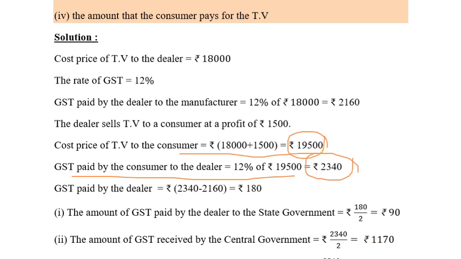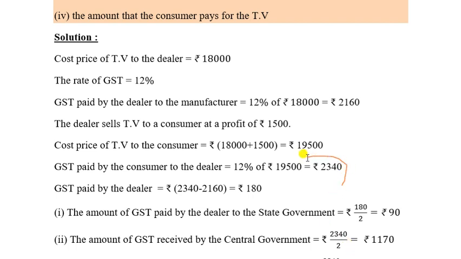Now next, we have to find out how much GST is paid by the dealer, by the dealer to the central government as well as the state government. But see here, the consumer paid this one to the dealer and the dealer paid this one to the manufacturer.